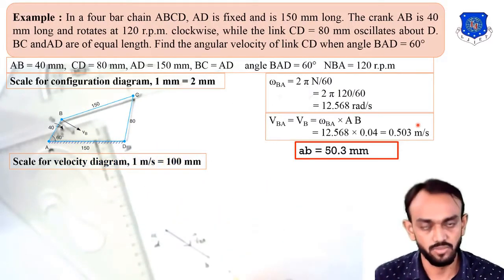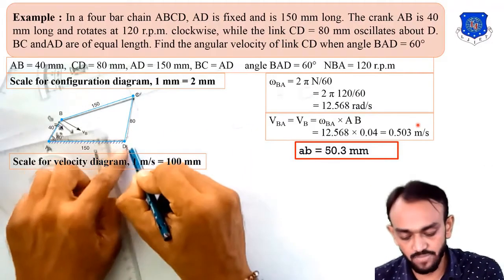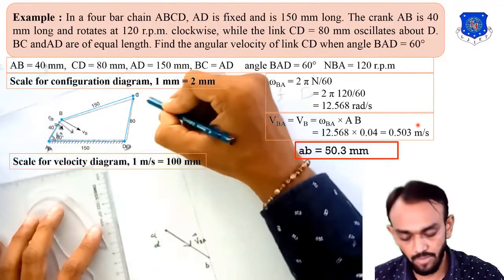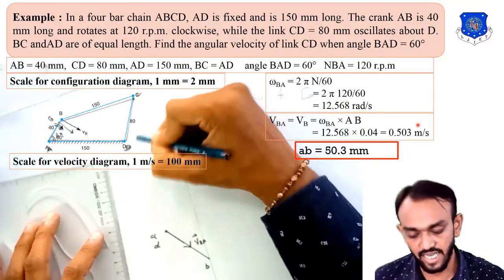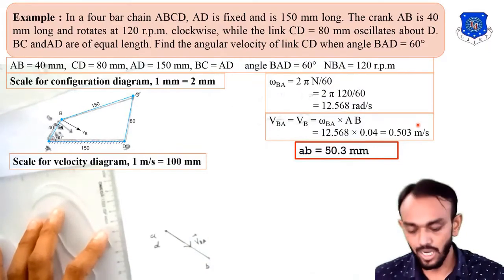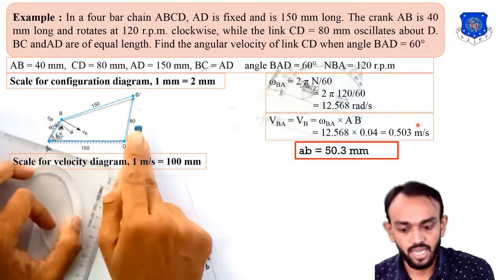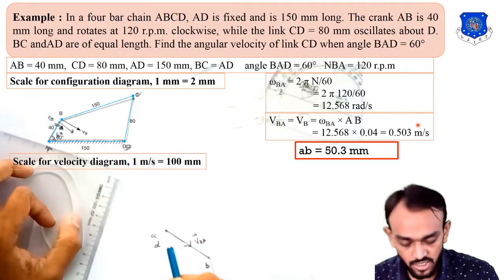But this C point is also moving with respect to D, because the C point is also on this CD link. So C with respect to D. Now we have to draw the perpendicular to this CD link, and from which point? This D point.